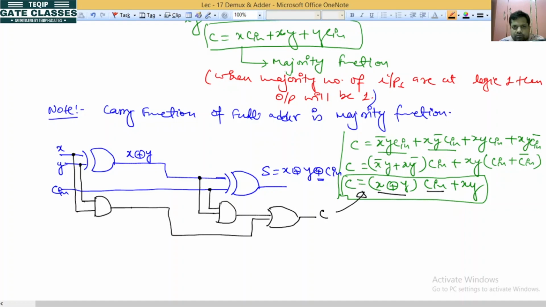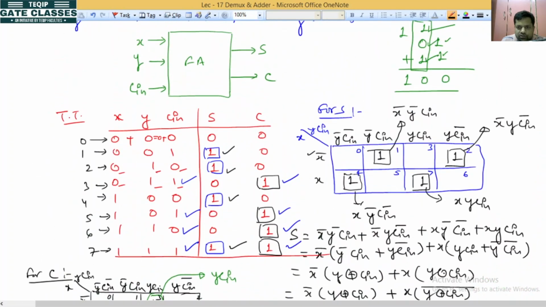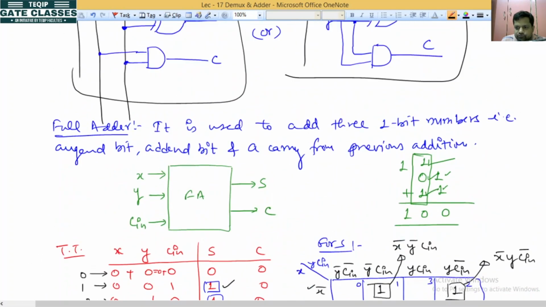Why I have done it? Because there is a question that comes sometimes, that how many half adder are required to implement one full adder. If you see here, this is same as half adder circuit. This is one half adder. If you go above, I will show you.